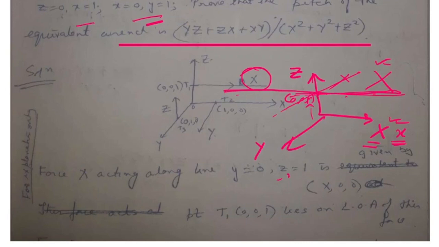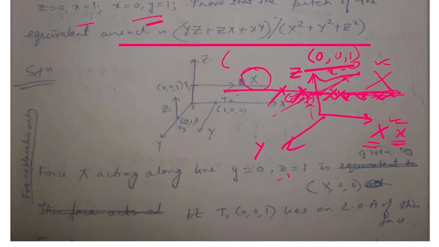But you can take any point on this line as the point of application, because the force is acting along this line. Then why did I choose this point? Because here the x component is 0. So our point of application is 0, 0, 1.